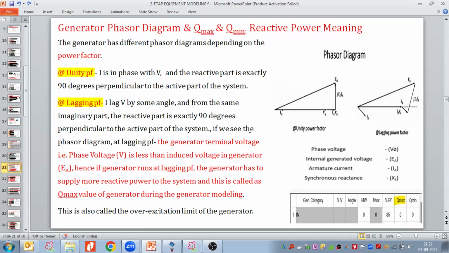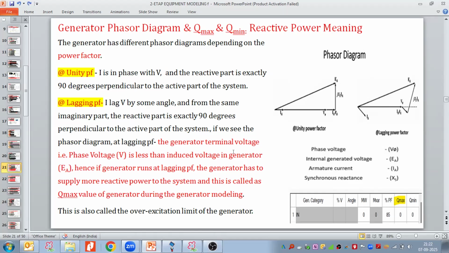If we see the phasor diagram at lagging power factor, the generator terminal voltage, meaning the phase voltage V, is less than the induced voltage EA, the internal generator voltage.